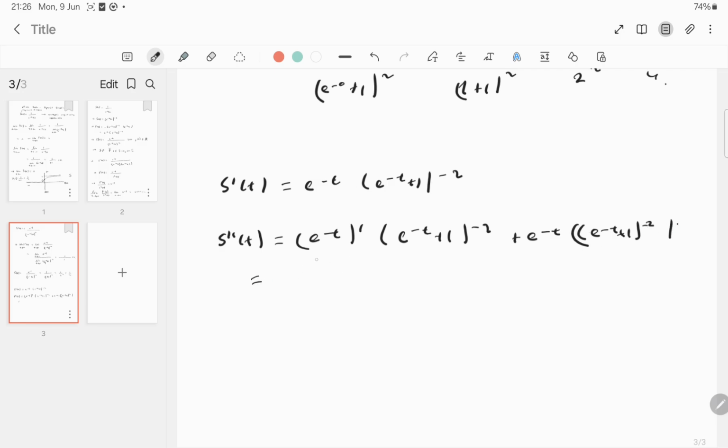The derivative of the first function here is minus e to the minus t, times e to the minus t plus 1 to the power of minus 2. Here I write minus 2, e to the minus t plus 1 to the power of minus 3, times the derivative of what is inside, e to the minus t plus 1, which is minus e to the minus t.